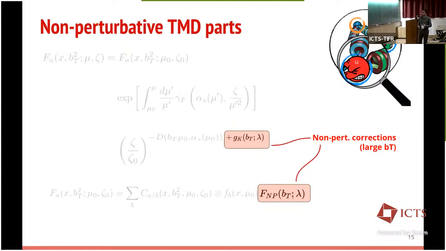The take-home message is that when you describe a TMD distribution function from the point of view of the evolution equations, you have objects that you can calculate in perturbation theory, the two anomalous dimensions, gamma F and D, and these expansion coefficients C, but you have non-perturbative corrections. These non-perturbative corrections are related to the intrinsic transverse momentum distributions.